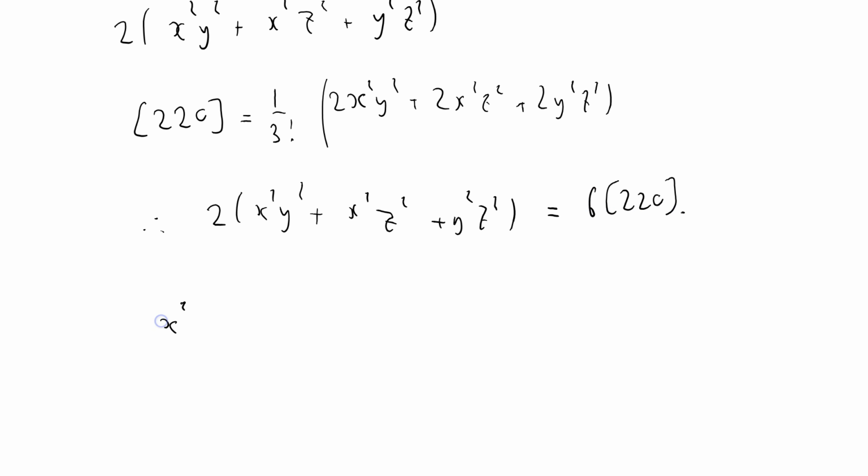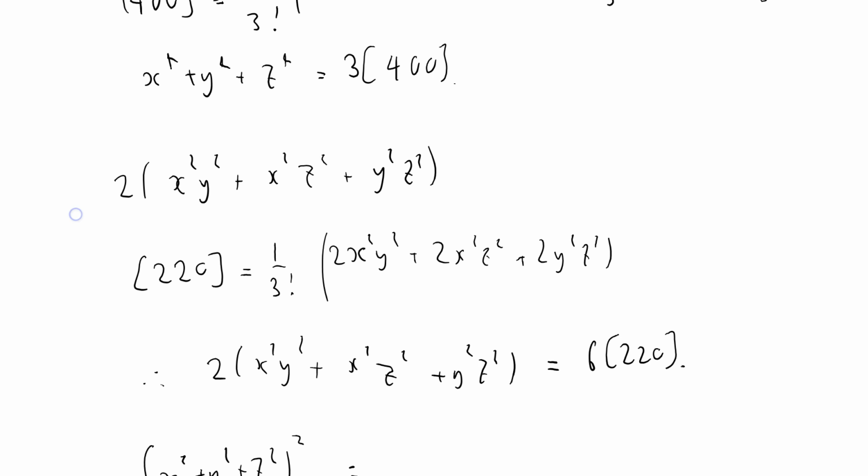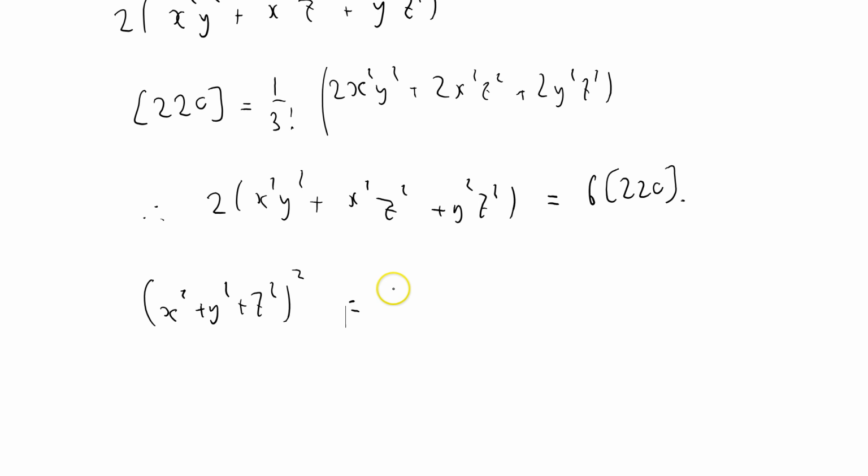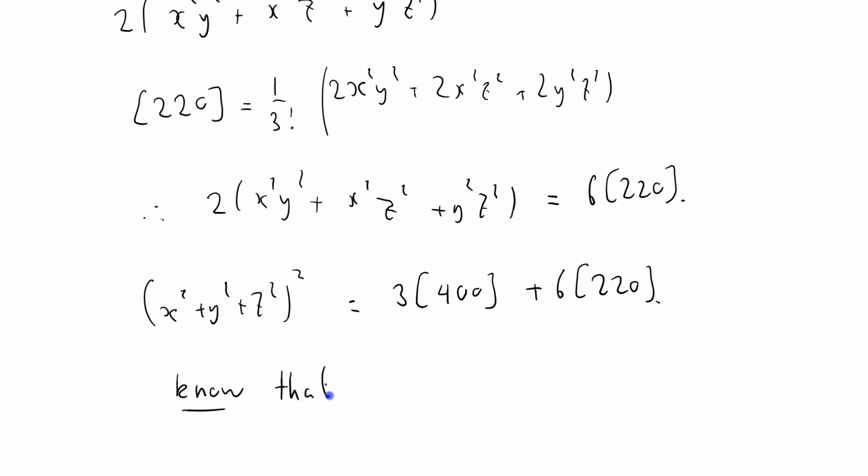So therefore, x squared plus y squared plus z squared all squared equals the fourth powers, which is this one, 3 times 400 plus 6 times 220.